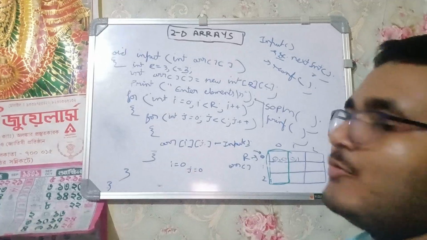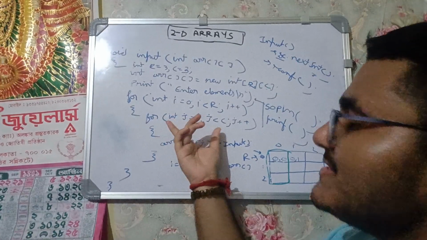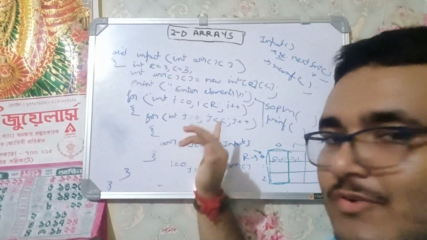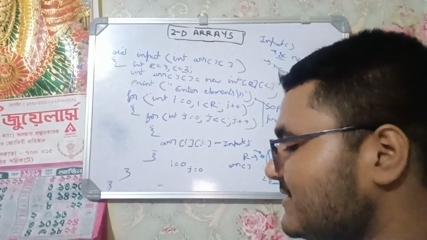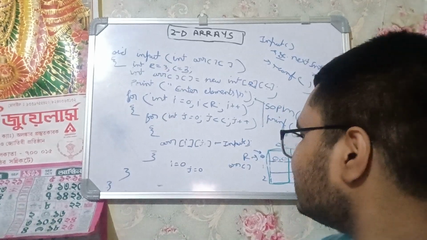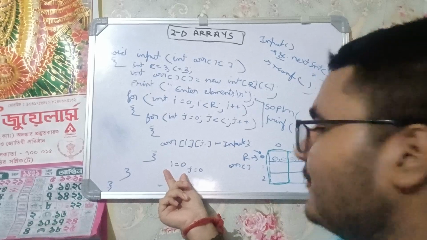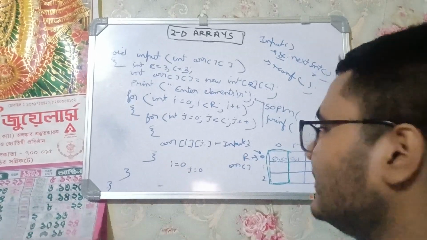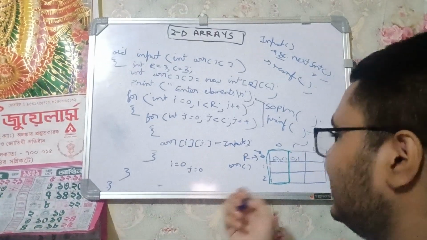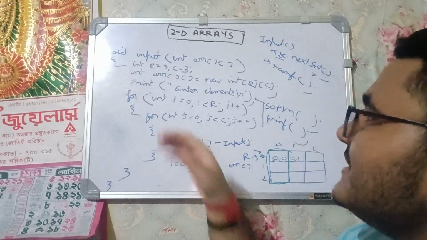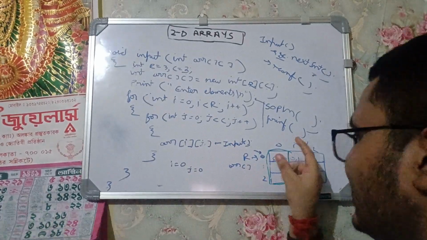Now you know that until and unless this j loop becomes false, it will never go to the outer loop. So this is the concept you know already. When i becomes 0, i represents the row index of this green array.